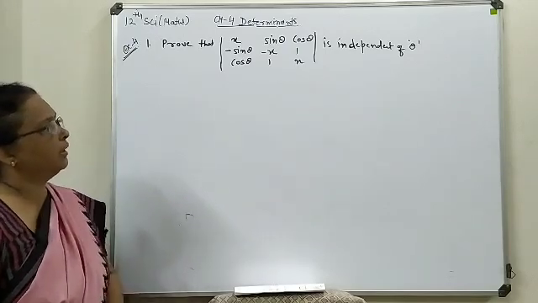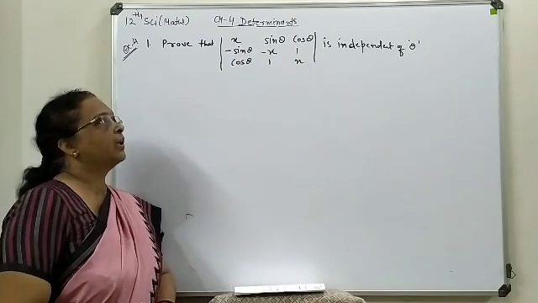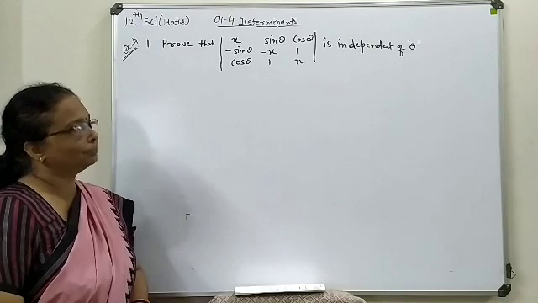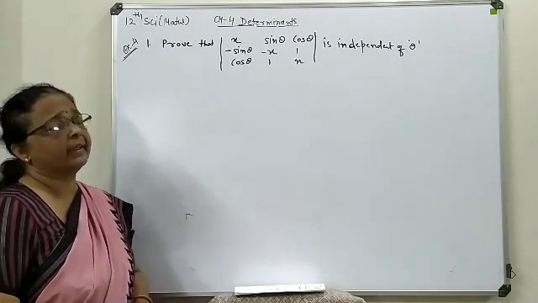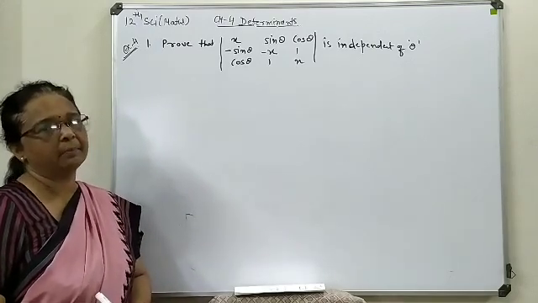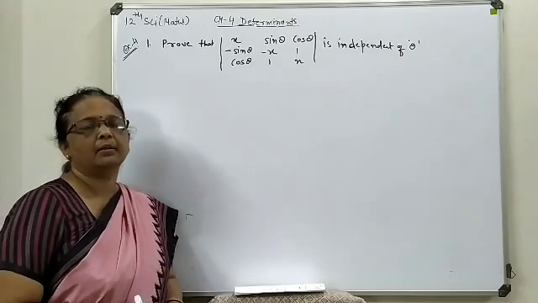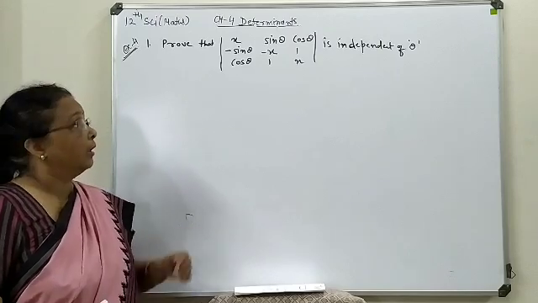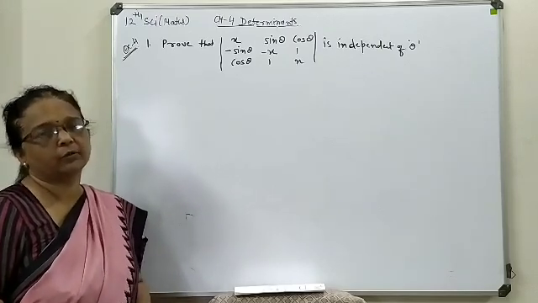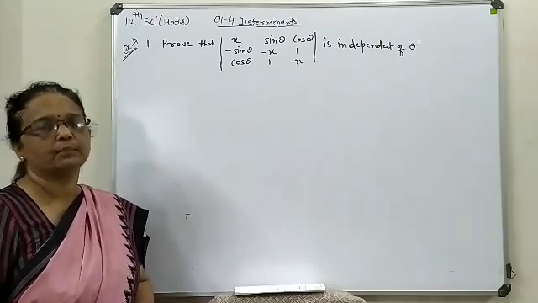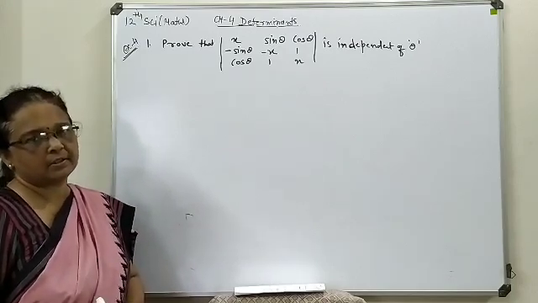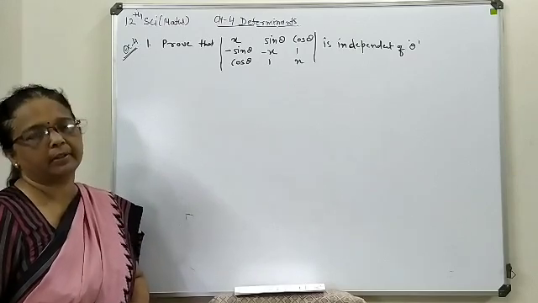Here the determinant is given in terms of the variable x as well as trigonometrical terms. You have to show that its value is independent of theta. The meaning of this statement is that we have to solve the determinant in such a way that no term of theta is included, meaning it is totally independent of theta.